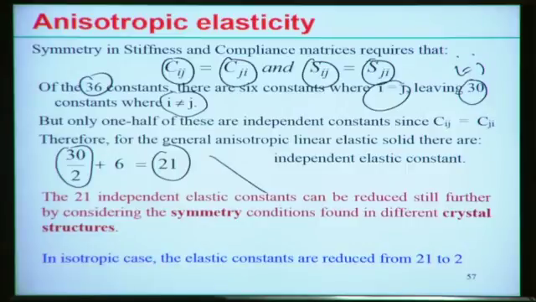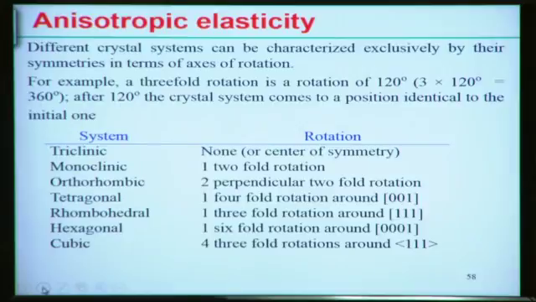But we can say that the total number of elastic constants can be reduced up to 2 in the case of isotropic properties of the material, because in the isotropic case only 2 constant terms exist. We will subsequently investigate this, but first let us look at how we can bring down the number of constants for different crystal structures.